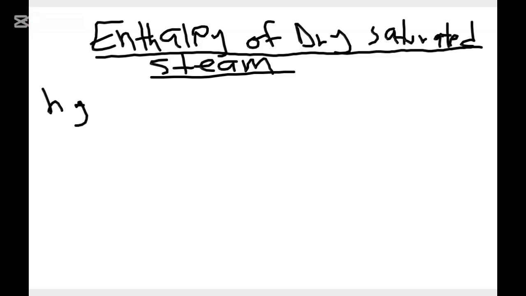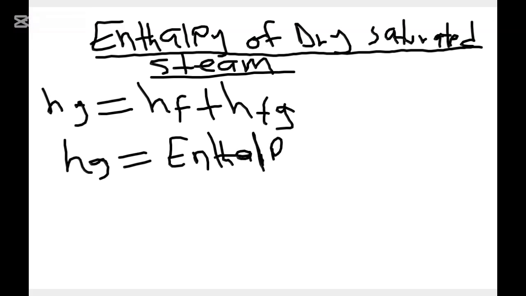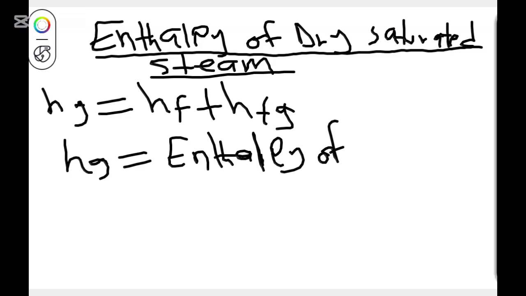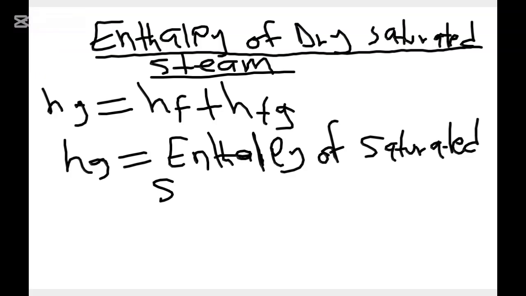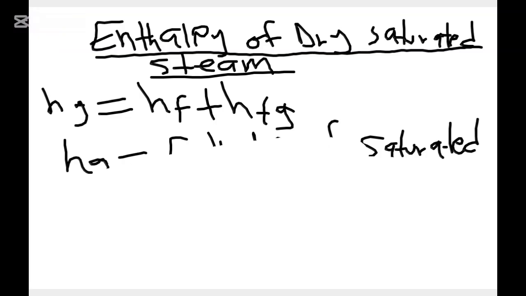The formula of the enthalpy of dry saturated steam, which is Hg, is the same thing as HF plus HFG, meaning that the Hg stands for the enthalpy of saturated steam. So this is for the enthalpy of dry saturated steam.